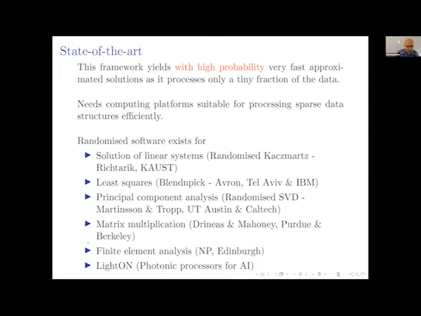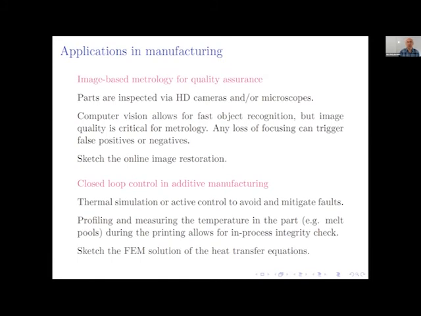I also want to draw your attention to this small enterprise, LightOn, out of Paris, that now actually manufactures processors that use light scattering inside the chip to emulate this random sketching inside their processors.